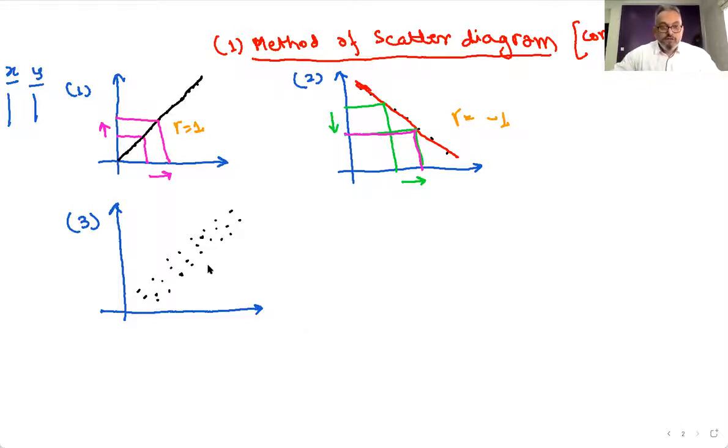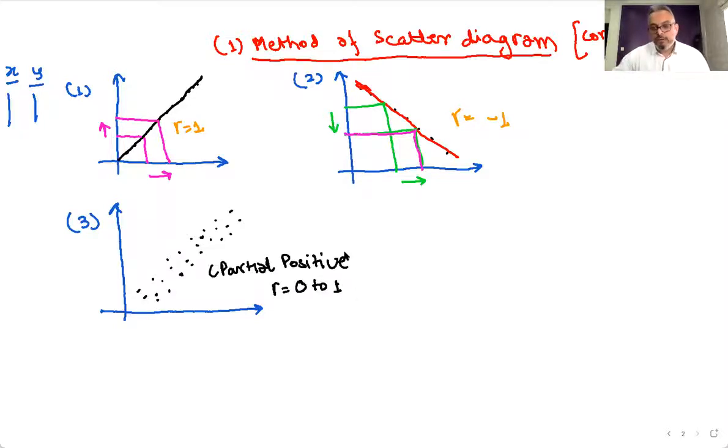So here we call this, wait, let me write over here, we call this partial positive. And over here, R is equal to any number between 0 to 1.